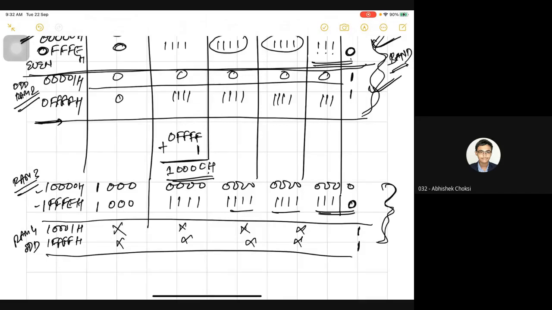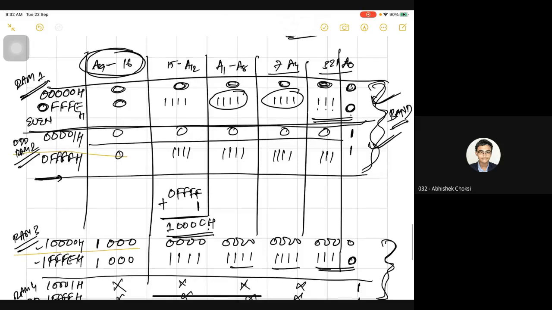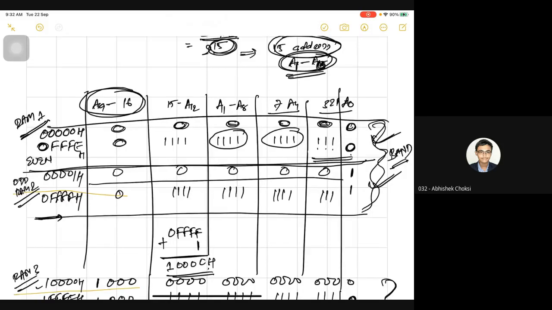Again, just for the sake of revision, concentrate. What you are supposed to do is first find out how many address lines will be needed by your RAM. If 15 address lines are needed, you need to change A1 to A15. If 14 address lines are needed, you need to change A1 to A14.